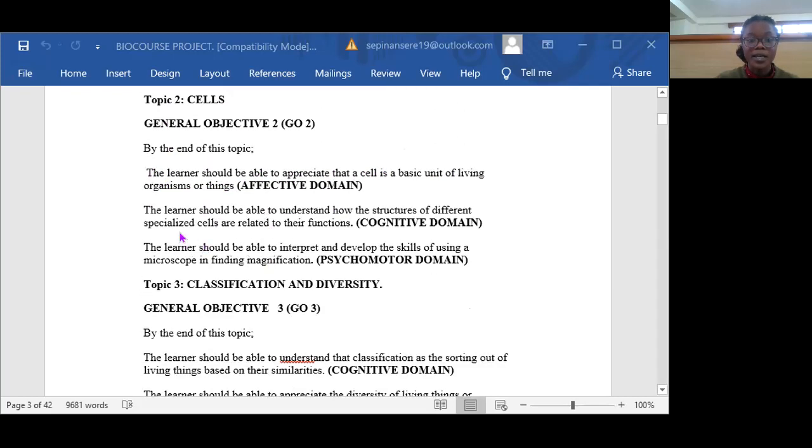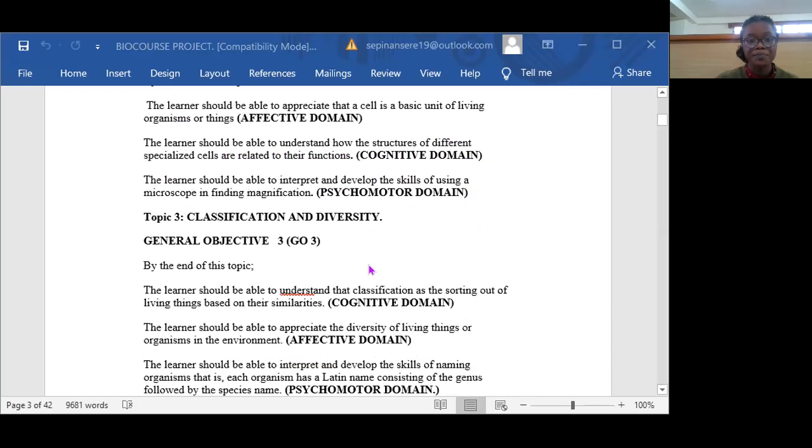Secondly, under the same general objective, the learner should be able to understand how the structures of different specialized cells are related to their functions. That is the cognitive domain. And thirdly, the learner should be able to interpret and develop the skills of using a microscope in finding magnification. That is the psychomotor domain.